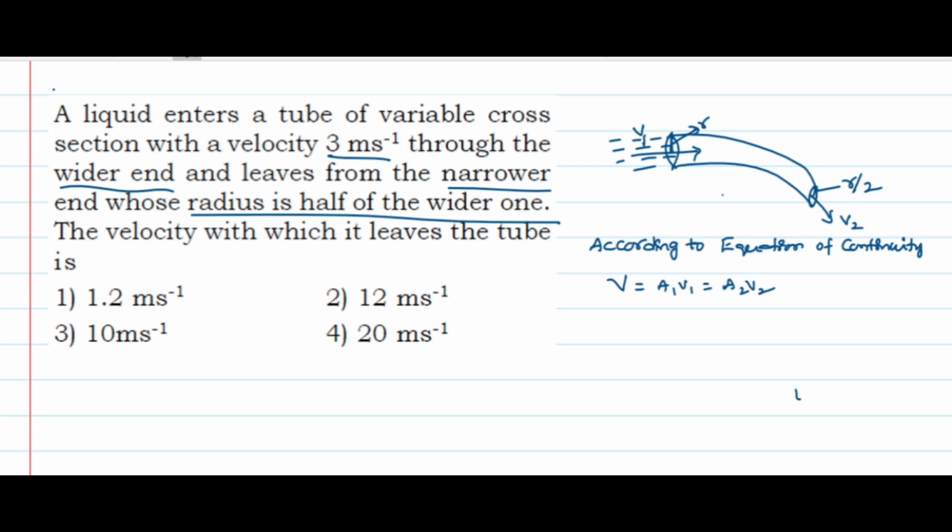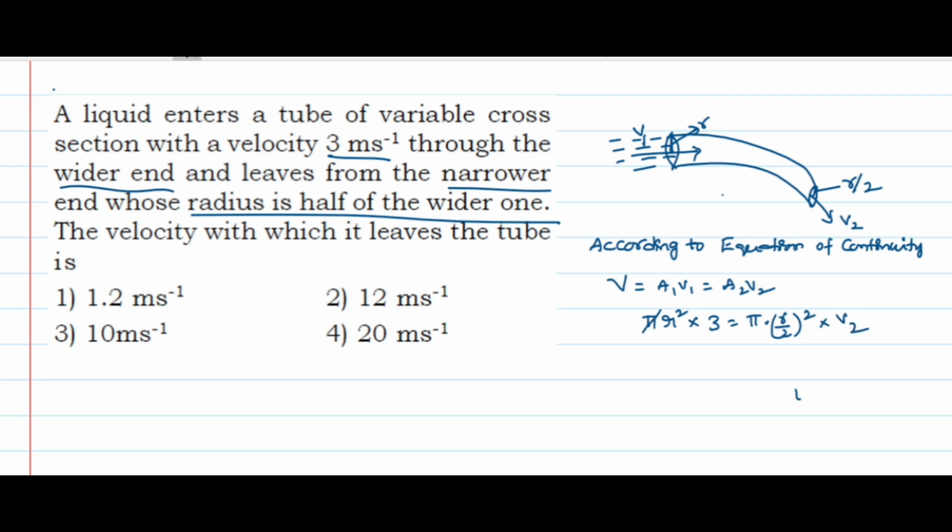Here the area of cross section is pi r square at the first end into its velocity, given as 3 meter per second. At the other end it is pi into (r by 2) whole square into v2.